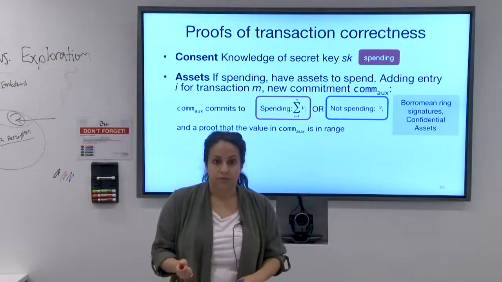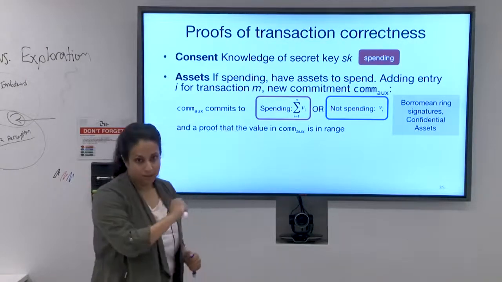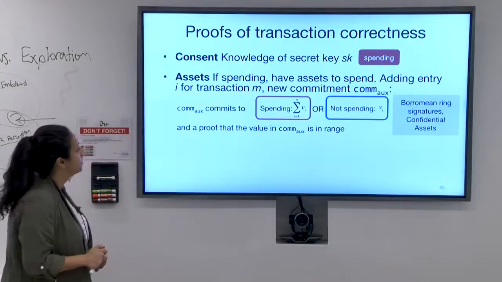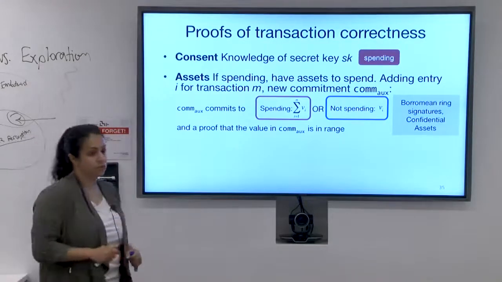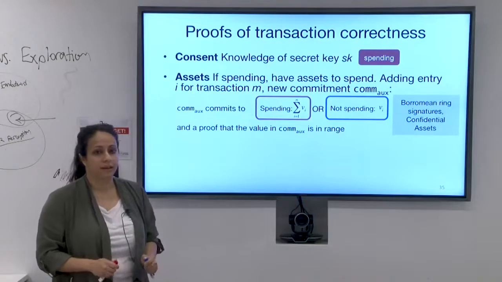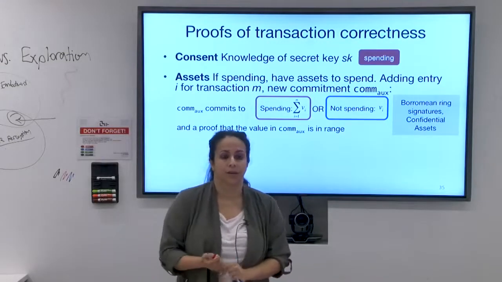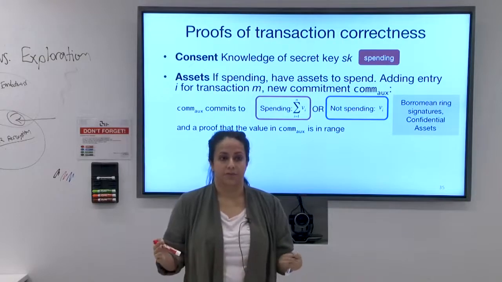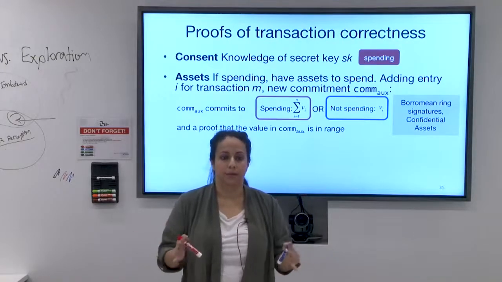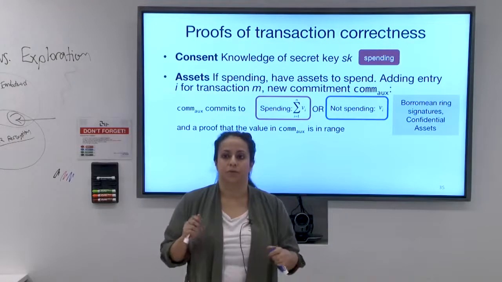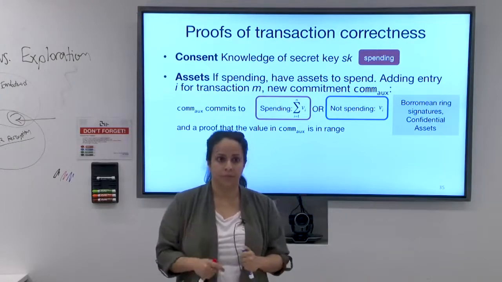And we use the exact same technique that they use in confidential transactions to do this, Borromean ring signatures. What's exciting is that a few months ago, there was some work done on a faster, smaller, more aggregatable version of range proofs using a system called Bulletproofs.